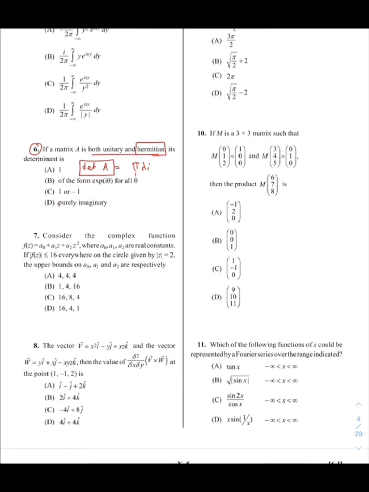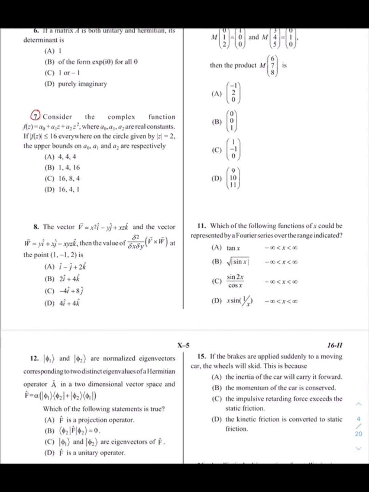This eliminates the last option and the second option. Now we use the fact that A is unitary. Since the eigenvalues of a unitary matrix have modulus 1, there are two possible eigenvalues, 1 and minus 1. And the determinant would be a product of 1s and minus 1s. So this could be 1 or minus 1. So option C is the correct answer.